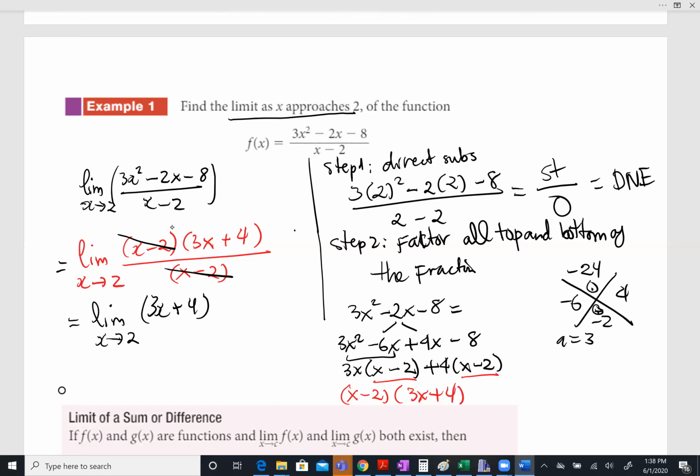Now it becomes a limit of a polynomial, so I can just directly substitute. It's 3 times 2 plus 4, which equals 6 plus 4, which is 10. That's the answer.